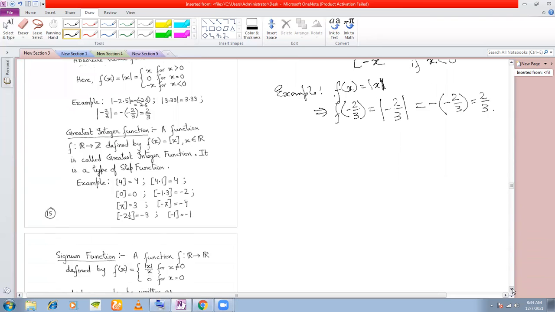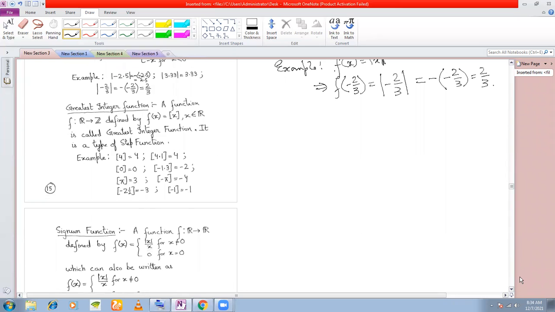And next is the greatest integer function. Now this function we will come across often also. The greatest integer function is defined as f(x) is equal to [x], you write x within box brackets, where x can take any real value. This is the domain of the function. Now what does the greatest integer function do?